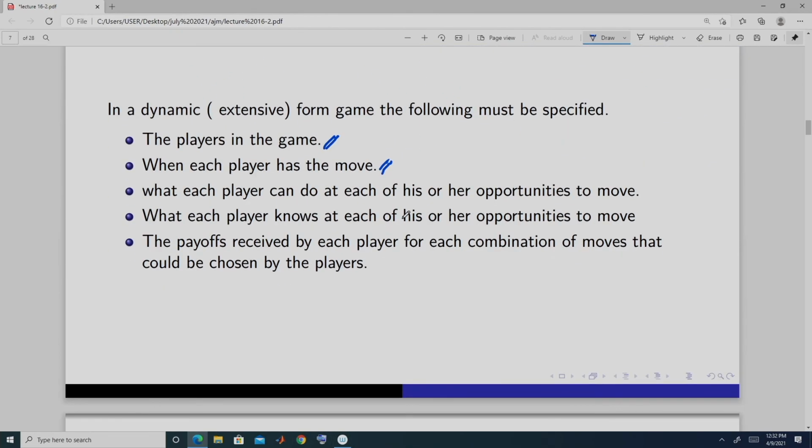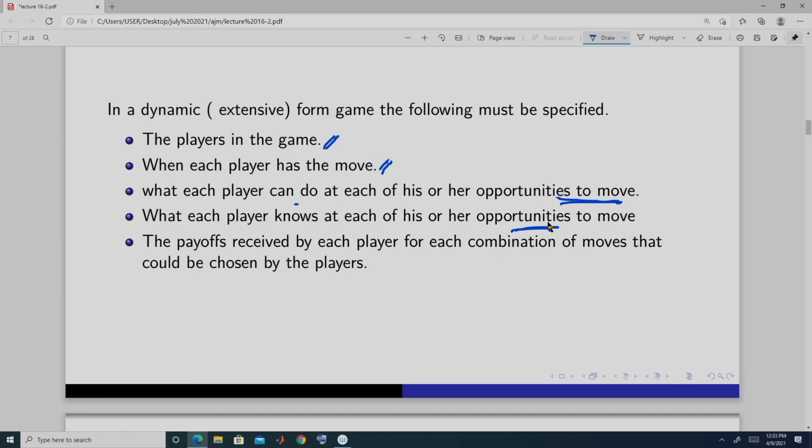Then we have to specify the action sets, that is, what each player can do at each of his or her opportunities to move. When it is making a decision, what it can choose from the set of actions. That has to be specified, and also we have to specify what each player knows at each of his or her opportunities to move.